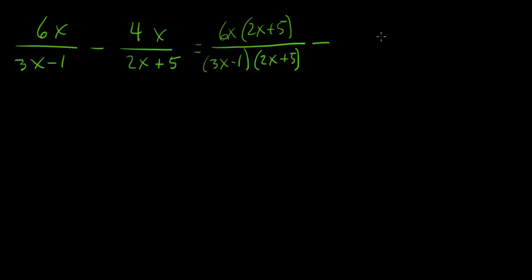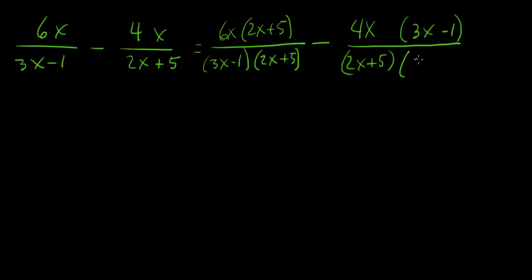And subtract 4x over 2x plus 5 times 3x minus 1 over 3x minus 1. Remember, this right here is equal to 1.